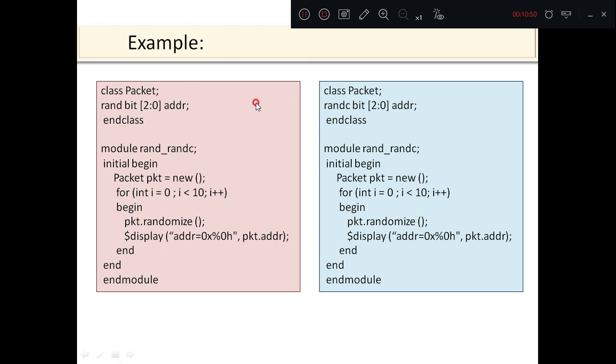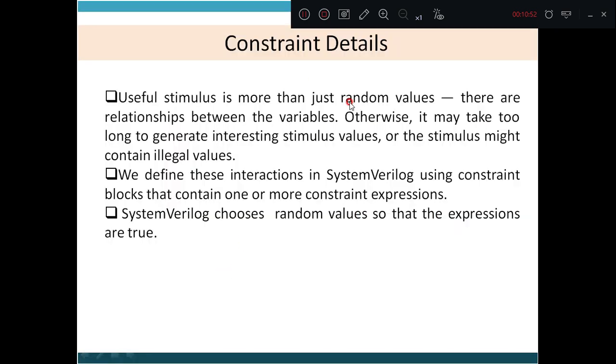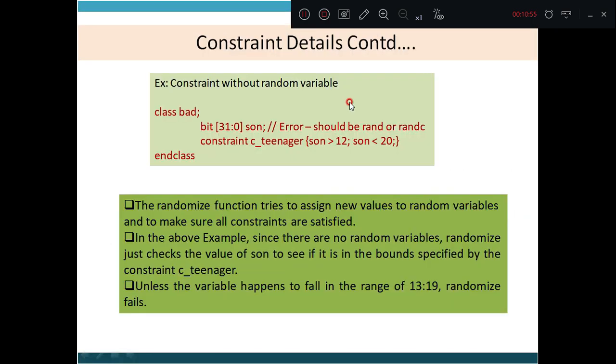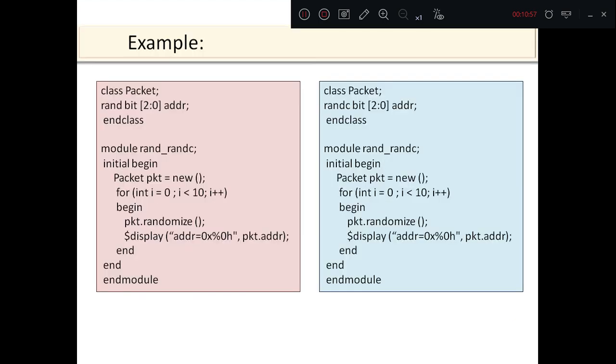Let us see what is RANDC. The difference between this program and this program is, here it is RAND and here it is RANDC. I told you RANDC means random cyclic, and everything else is the same.